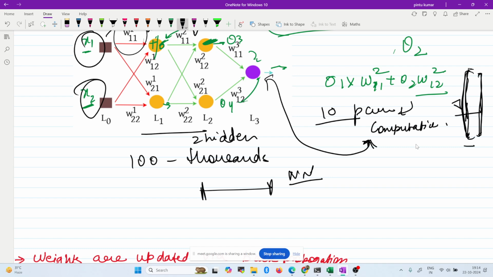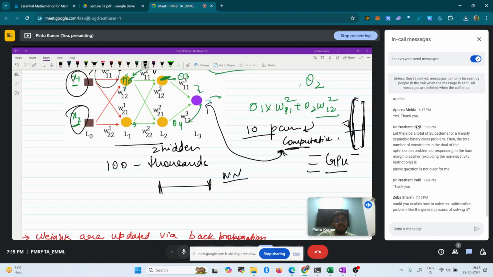Then there was a lot of development in computational aspects, with GPUs coming up. People proposed faster ways of doing gradient descent and those kinds of things. That's when neural networks again caught hype. And now it is very famous. Because of the computational issues, it was not very useful for a large amount of time.